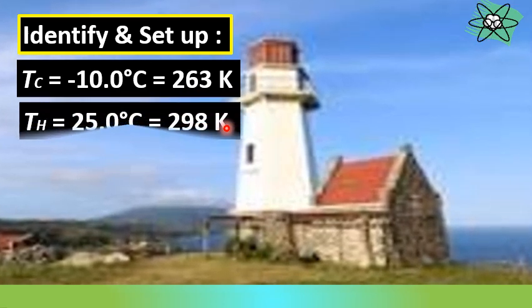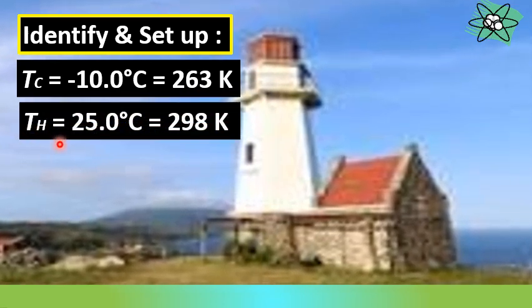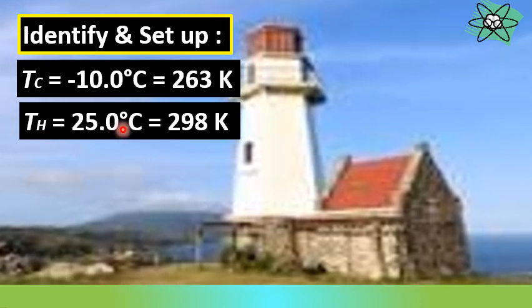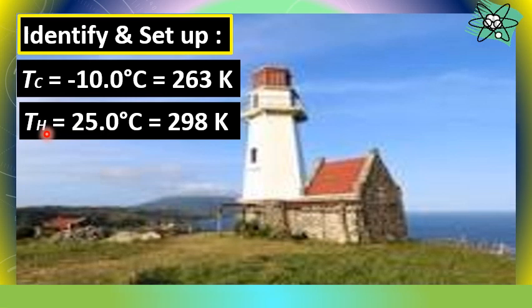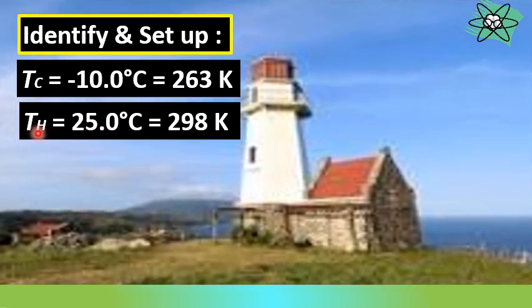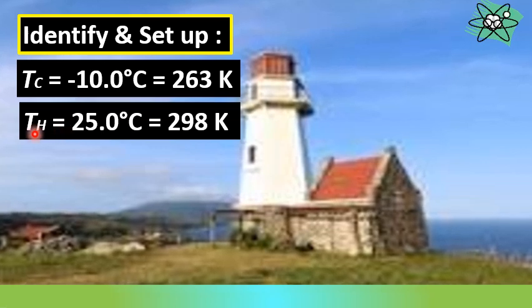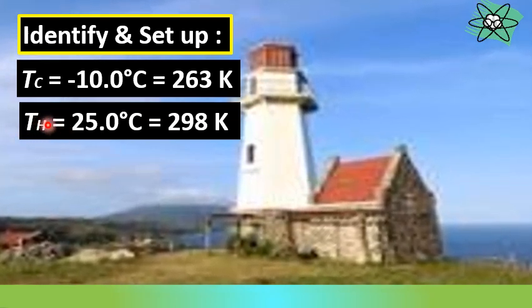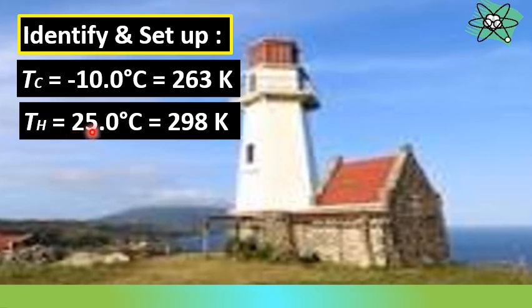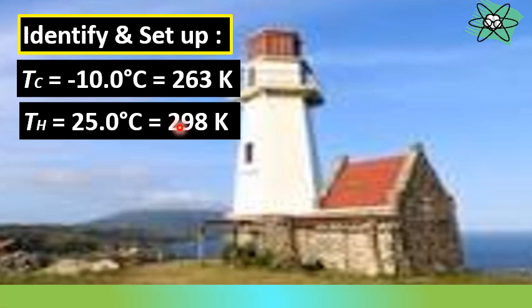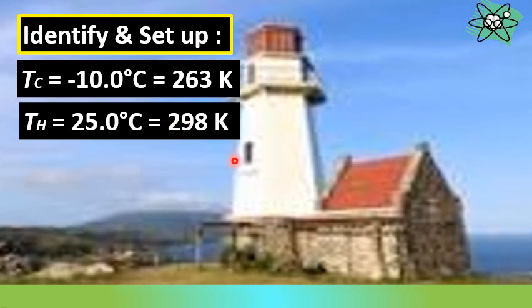Also, the temperature outside the refrigerator, more commonly called the temperature of the hot reservoir, is denoted by capital T sub H, equal to 25.0 degrees Celsius, or that's equivalent to 298 Kelvin.